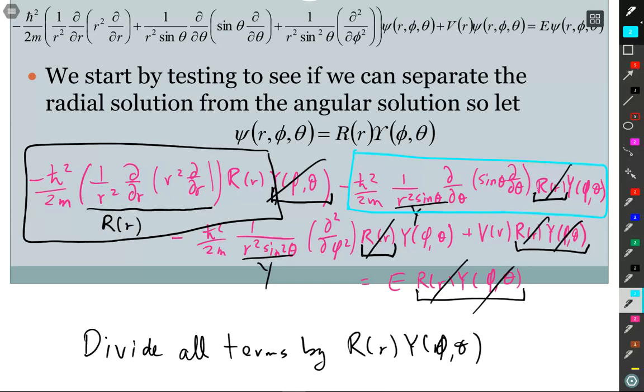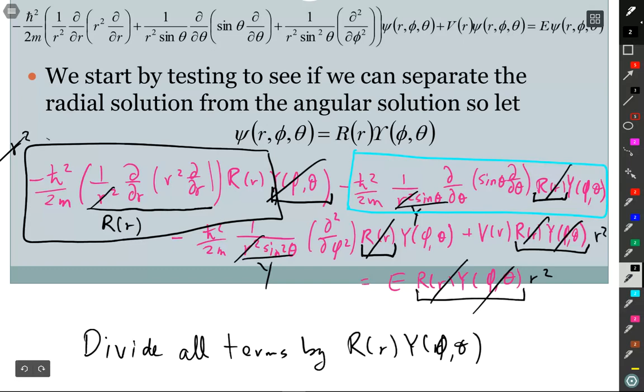I should have multiplied everything by r squared as well. Multiply everything by r squared so that this cancels, that cancels. Okay, so now that I've canceled the r squareds, what do I have in my cyan box?